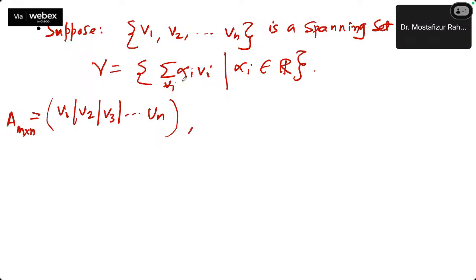We can stack all the alphas and denote them by the vector x bar, alpha 1, alpha 2, up to alpha n, transpose. Transpose means a column vector.